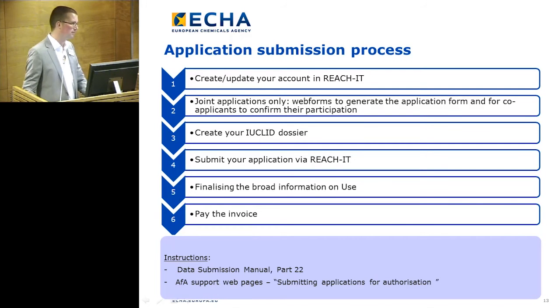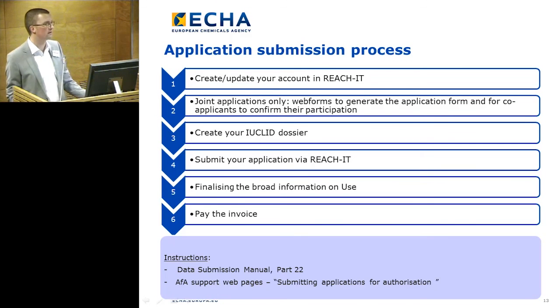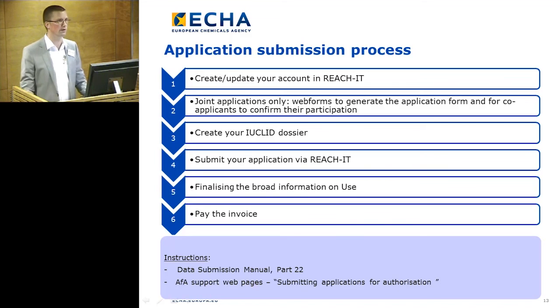The application submission process. Very briefly, this is also well explained on the website, and you can actually read about this in further detail there. The first step is to create or update your account in REACH-IT. Then, for joint applications, there are web forms to generate the application form and for co-applicants to confirm their participation.